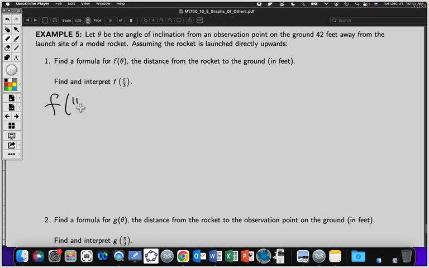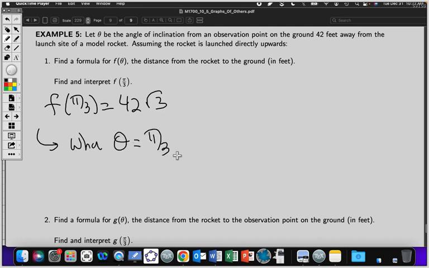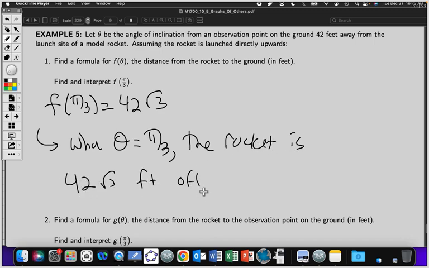So f of pi over 3 is 42 square root of 3. So when the angle of inclination theta is pi over 3, the rocket is 42 root 3 feet off of the ground. And even though they don't ask for a decimal representation for this, it might be curious.